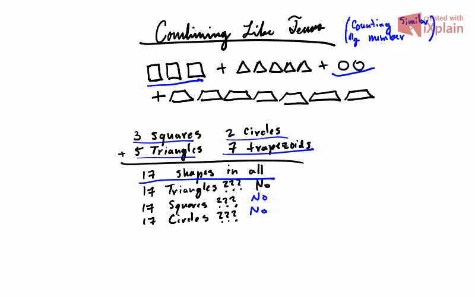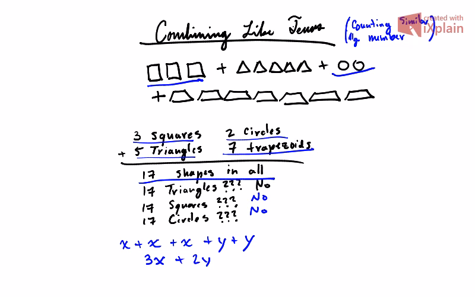Now let's ask this real quick question. If I have an x plus an x plus x plus y plus y, how many x's do you have? Well, you have 3x. How many y's?